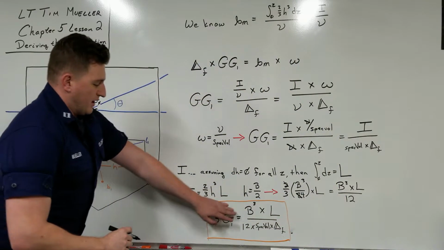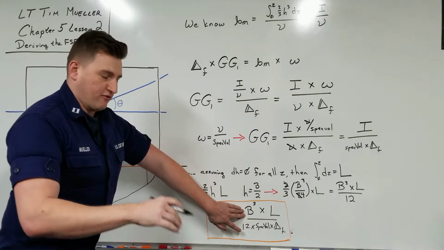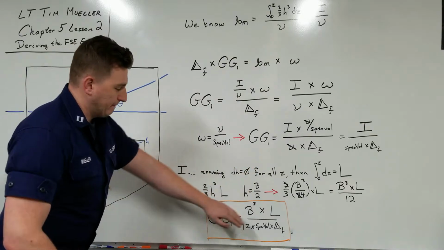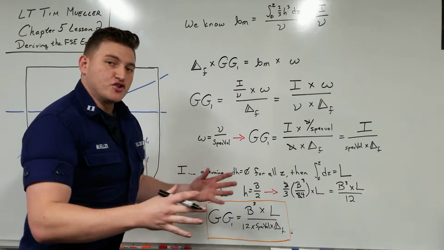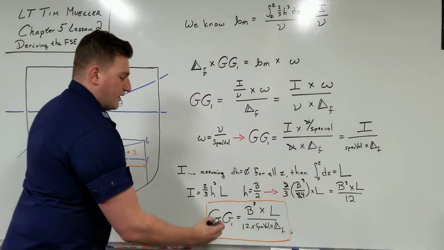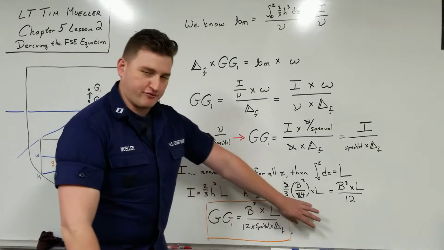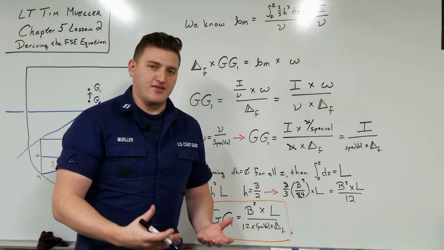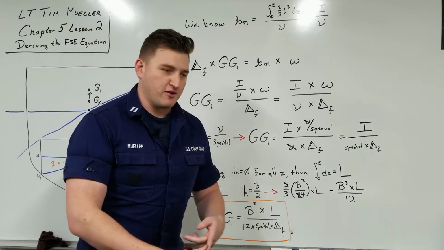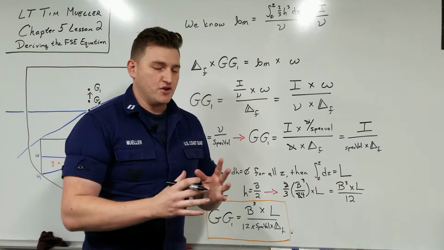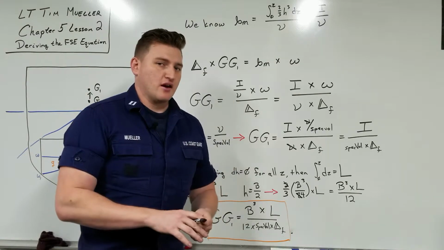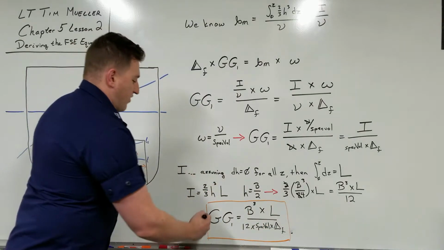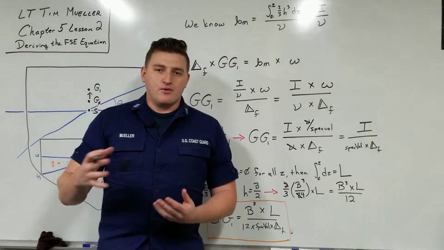That movement equals b cubed, assuming we're working with rectangular compartments, b being the overall width of that compartment, times L, L being the longitudinal length of the compartment, divided by 12, which just came from the physics of moment of inertia, times the specific volume of whatever the contents inside the tank are. For diesel fuel, 43 cubic feet per long ton, and usually in DK school we're going to be using salt water being 35 cubic feet per long ton, then times the final displacement of the ship. And that is how you derive the equation for the free surface effect.